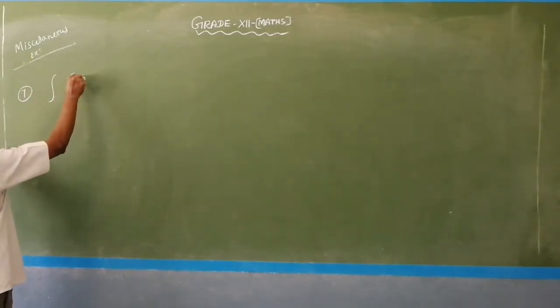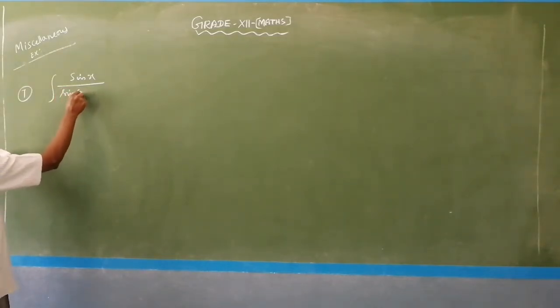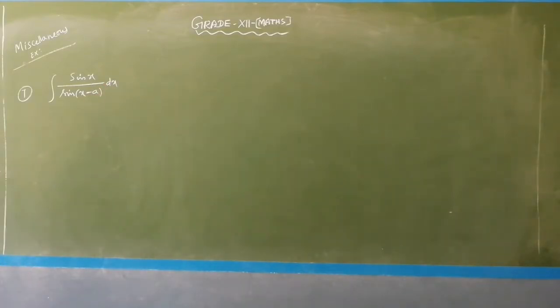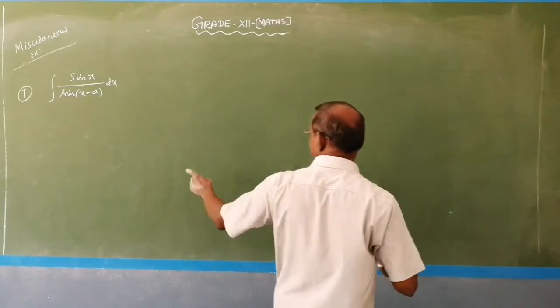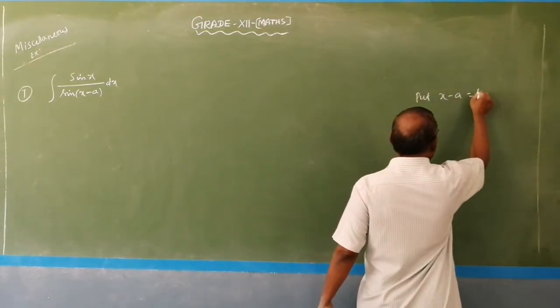Next question number 7. Integral sin x divided by sin of x minus a into dx. Now, put x minus a equal to t.